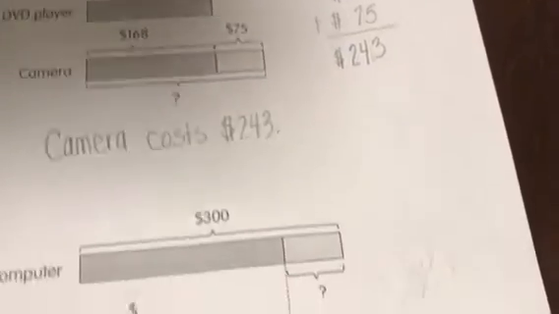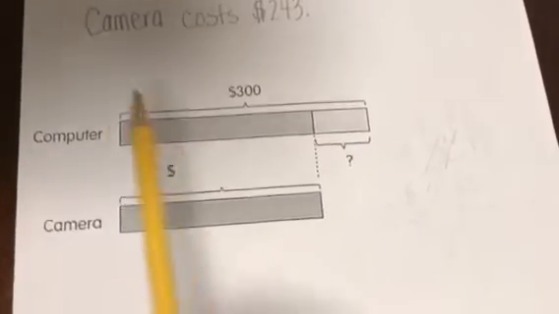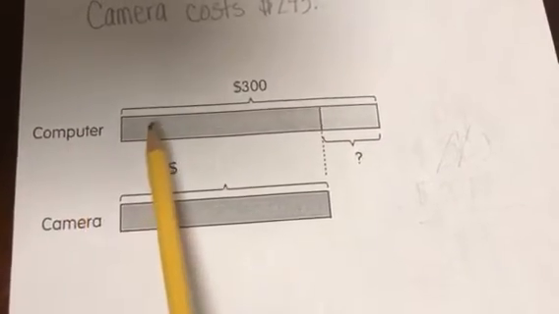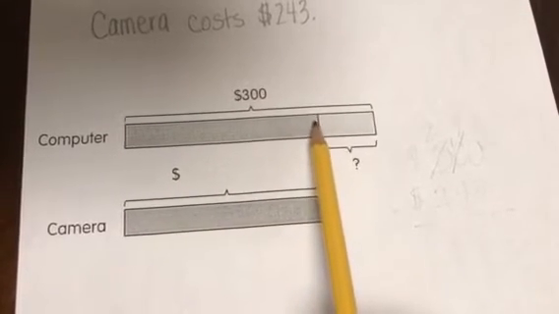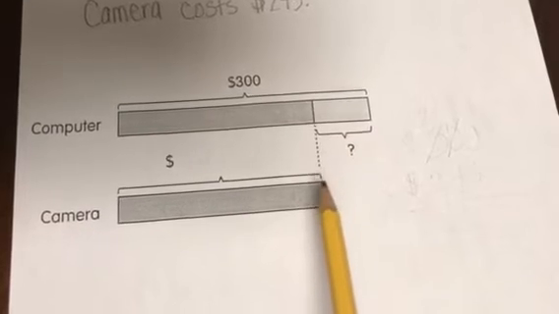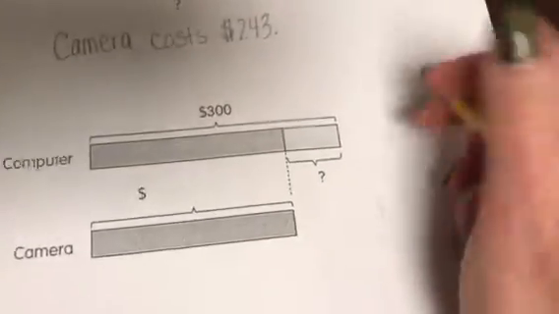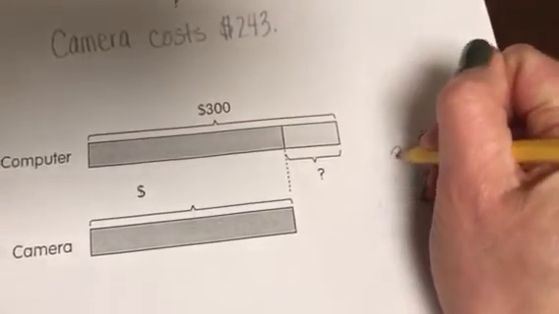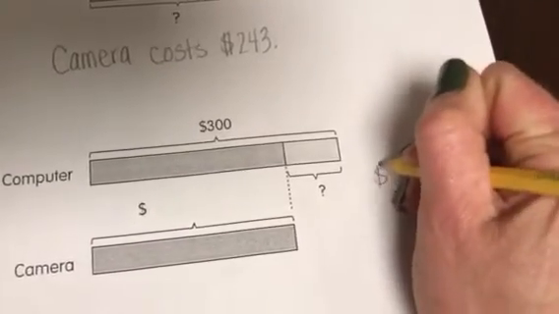So once again, we're going to use the same type of bar model, and we can see that here's our computer, and our computer costs $300, and we need to know how much more it costs than this camera. So we're going to subtract to solve this question.